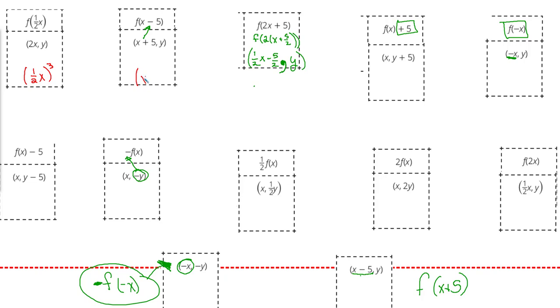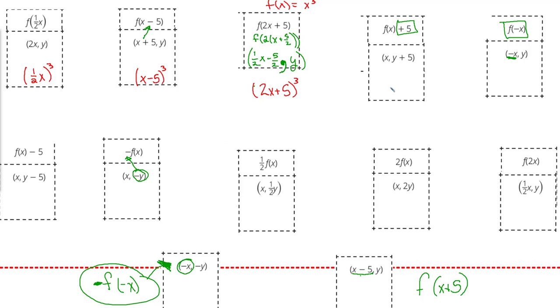This would be something like X minus 5 cubed. I'm doing it all with the X cubed function. So my parent function on this is f of x equals x cubed. So in this one, it's inside the function that's going to be changed, so it's going to become 2X plus 5 cubed.